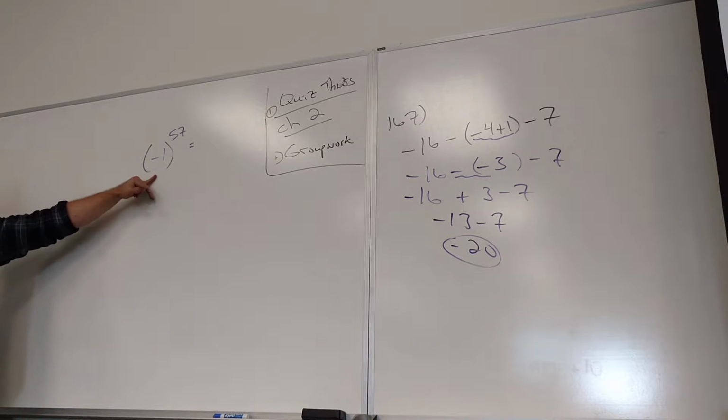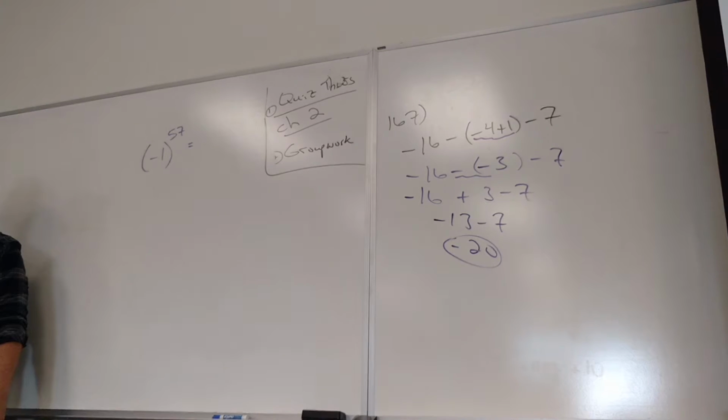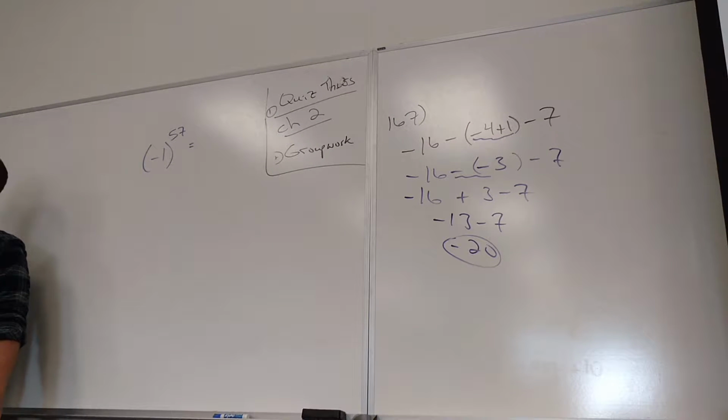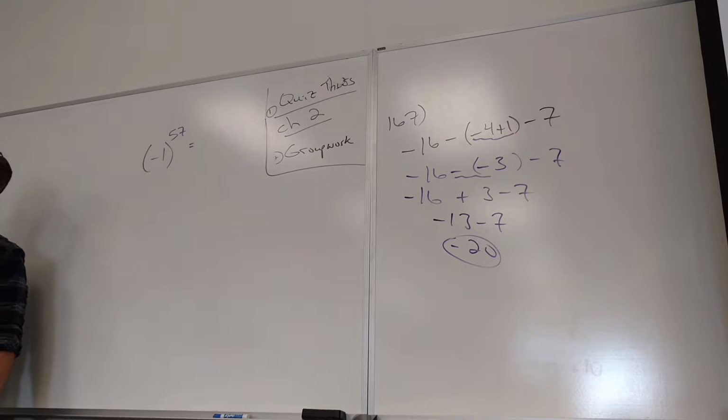What would this be? Negative 1 to the 57th power. Help me out. What's negative 1 times negative 1? Positive 1. Times negative 1 again is negative 1. Times negative 1 is positive 1. If you multiply 1 by itself, it's still going to be some kind of 1, right?